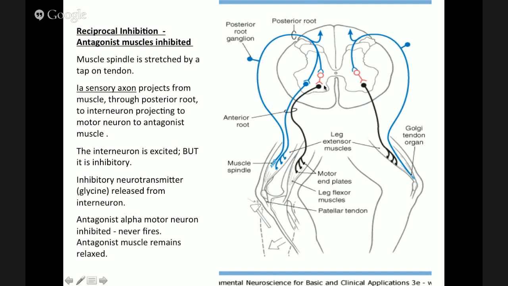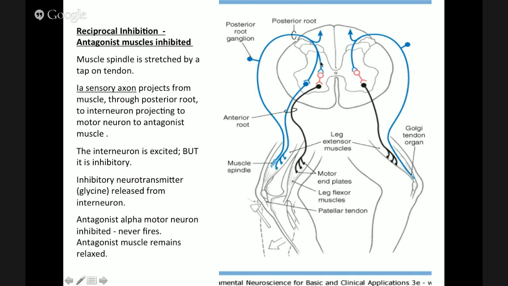So of course, if the system is producing a contraction of the quadriceps muscle, an extension of the knee, then it's not going to be very helpful if the knee flexors are activated at the same time. So at the same time these collaterals are producing the monosynaptic reflex contraction of the quadriceps, then the principally hamstrings here are going to be inhibited.